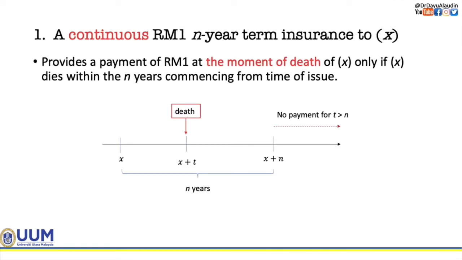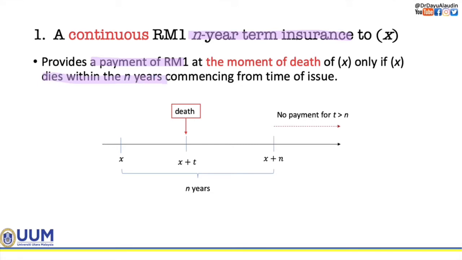First one, a continuous 1 ringgit N-year term insurance to X. So this is for N-year term insurance. And for continuous, it provides a payment of 1 ringgit at the moment of death of X only if X dies within the N years.